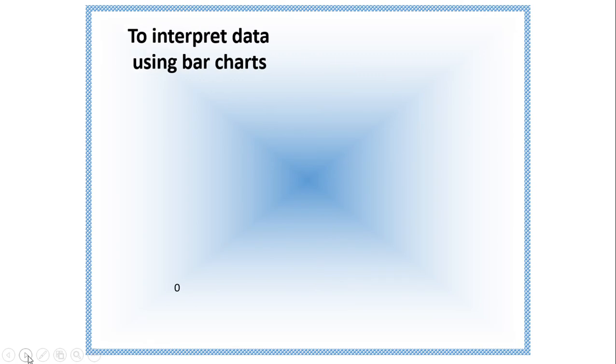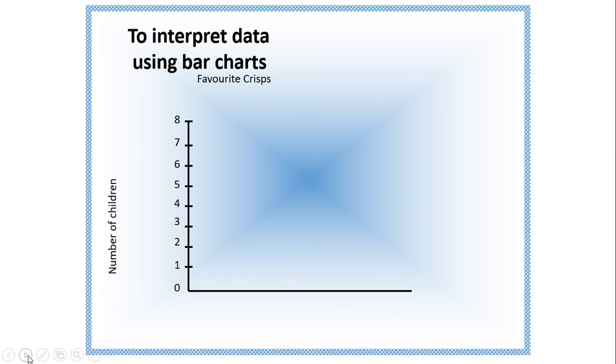So let's remember we're learning to interpret data using bar charts. This bar chart is about favourite crisps. So our y-axis, which is vertical, shows the number of children who were surveyed.